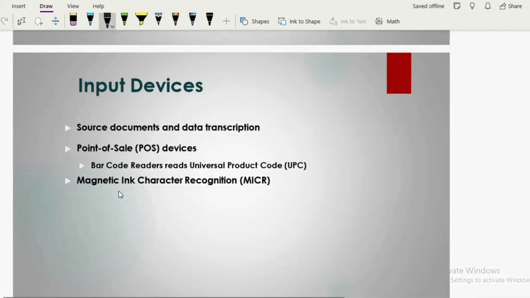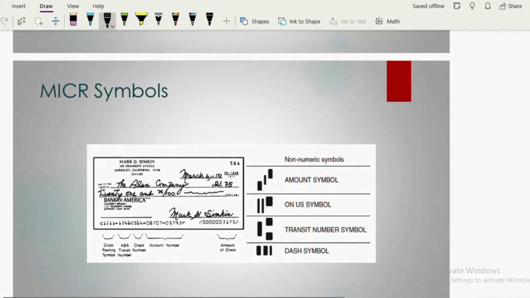Then we also have magnetic ink character recognition, which is known as MICR. Magnetic ink character recognition helps in reading characters which have magnetic ink in them. If you have had a chance to see a check, this is an example of a check used by the banks.